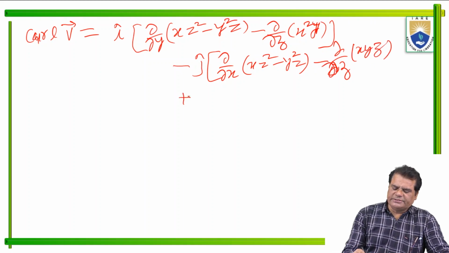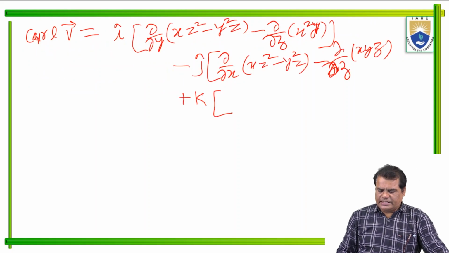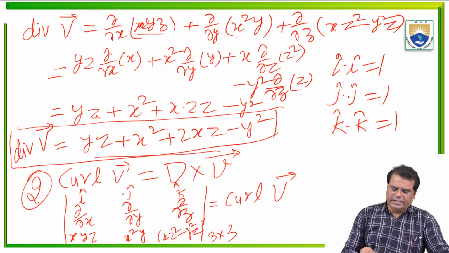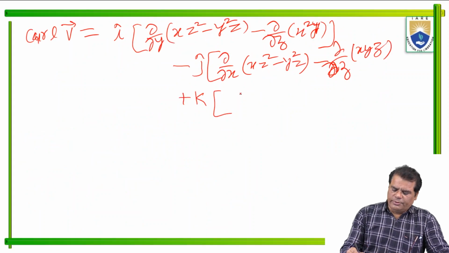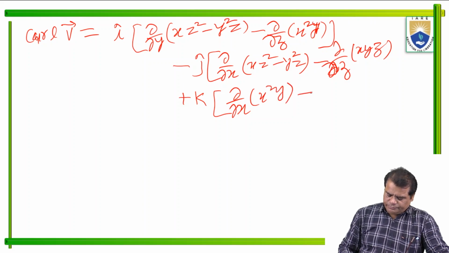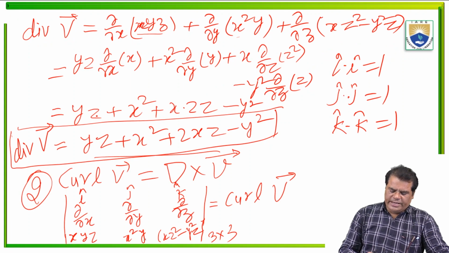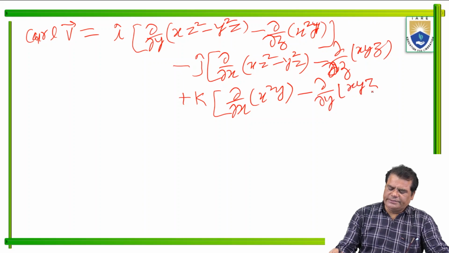Now last is plus k. Here first row and third column cancel, then multiply this: ∂/∂x of x square y, and minus ∂/∂y of xyz.